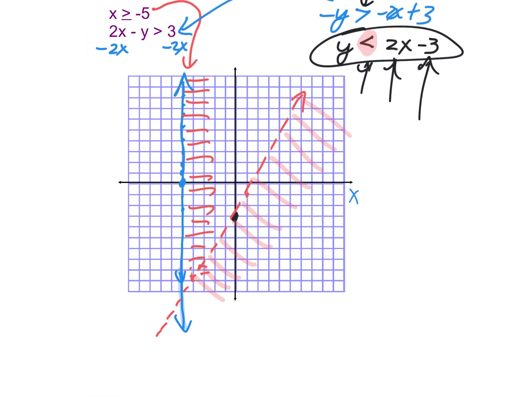And what part gets double shaded? I'm just going to extend my shading a little further. And my red shading goes out like this. And the area that gets double shaded is in here.